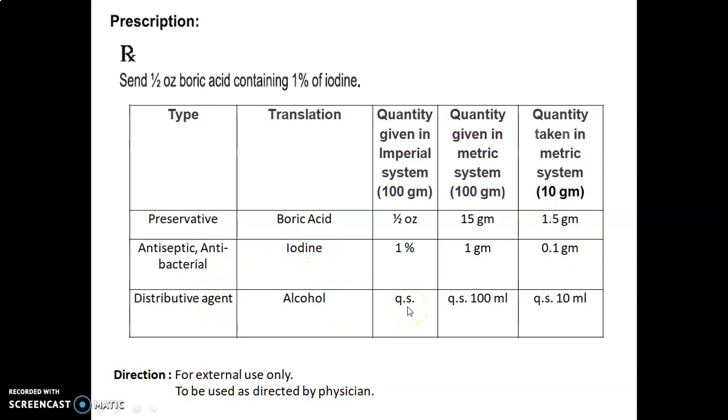Quantity given in imperial is quantity sufficient. Taken quantity should be quantity sufficient to prepare 100 gram, meaning on average approximately 100 ml should be required, and quantity taken in the metric system is quantity sufficient to prepare up to 10 ml or 10 gram, whatever. Direction: for external use only, to be used as directed by physician.